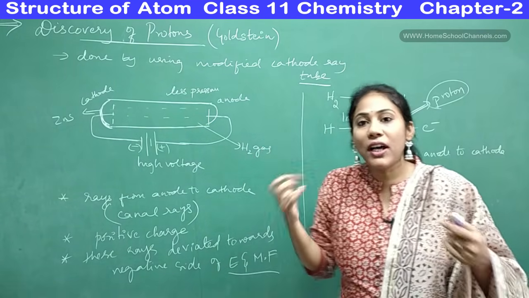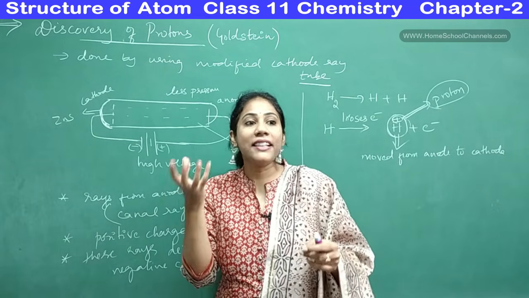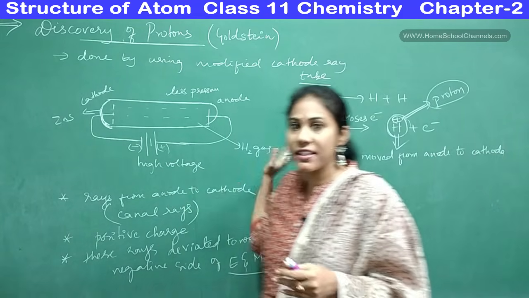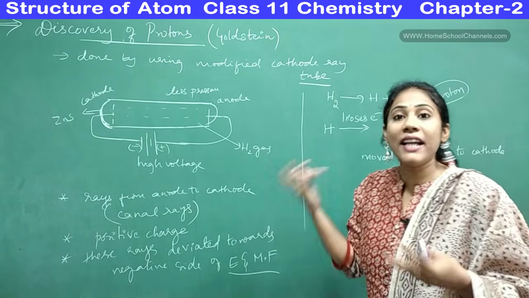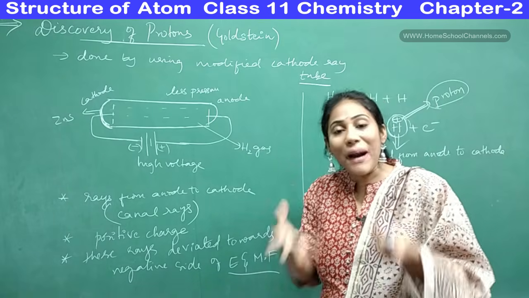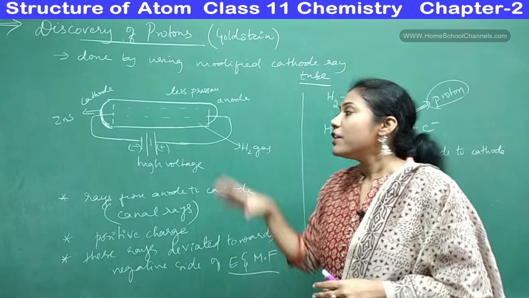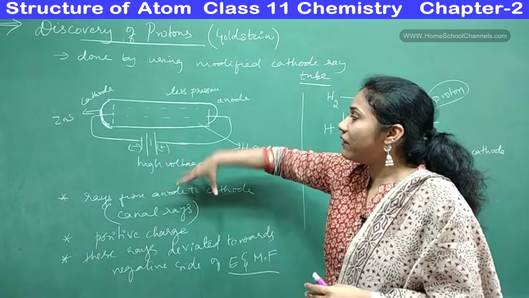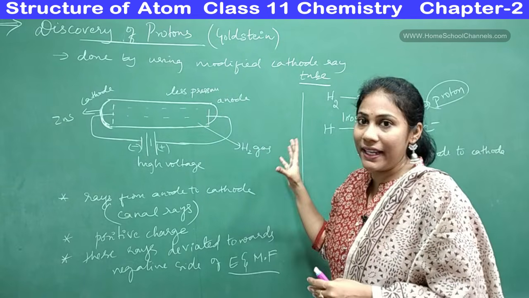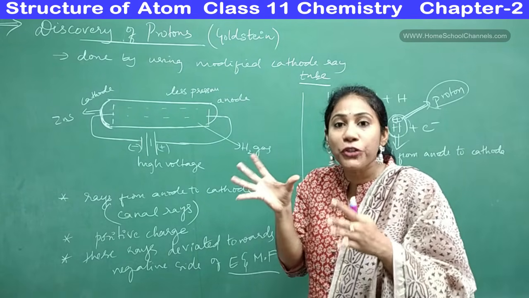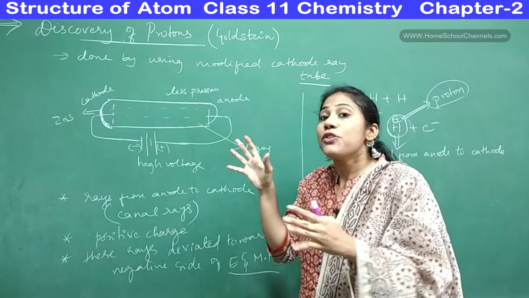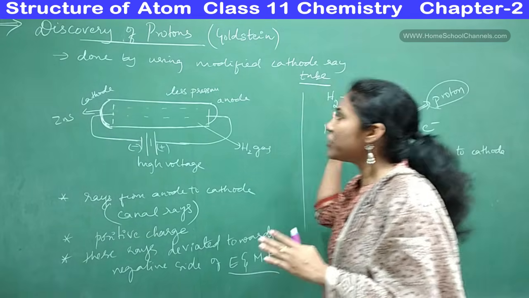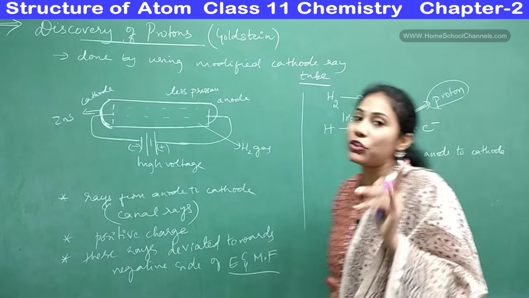Here, proton in the sense, not the particle present within the nucleus, is moving. It is the ionized particles that are moving. Whichever gas you take, it will break down, it will lose some electrons, and whatever positive ion is formed is the one that actually moves from anode to cathode.